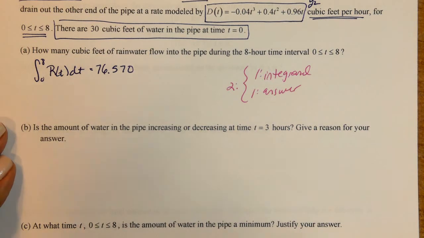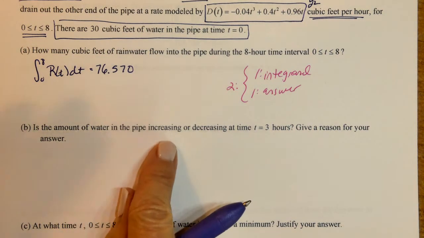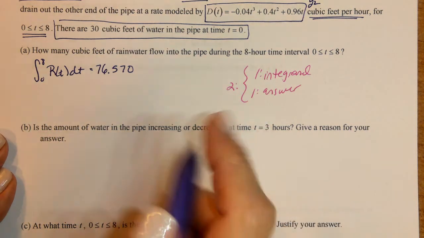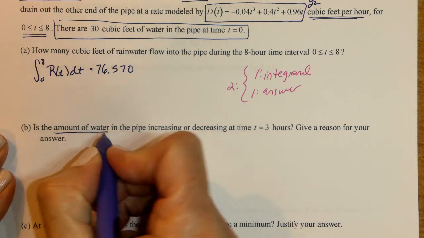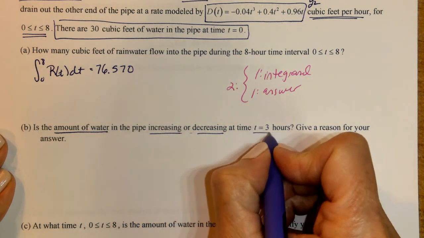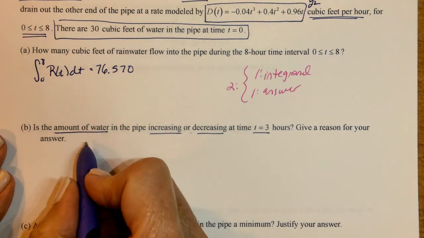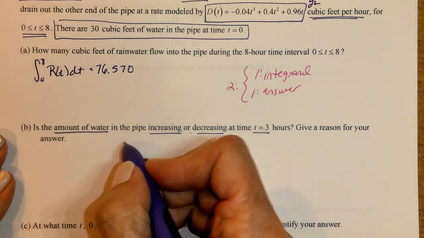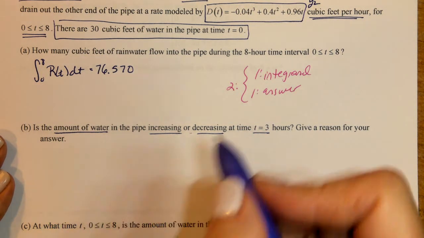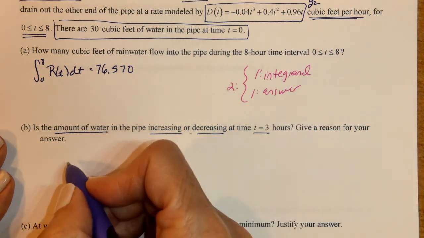Okay, part B. Is the amount of water in the pipe increasing or decreasing at time 3? Is the amount increasing or decreasing at time 3? Well, the amount, we need the derivative of the amount, right? Well, the derivative of the amount is our rate in minus our rate out.